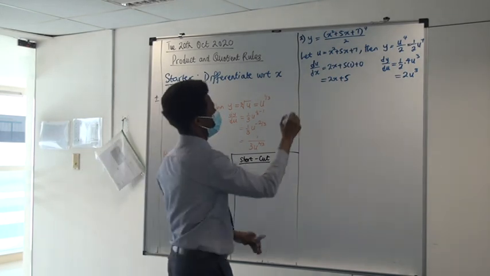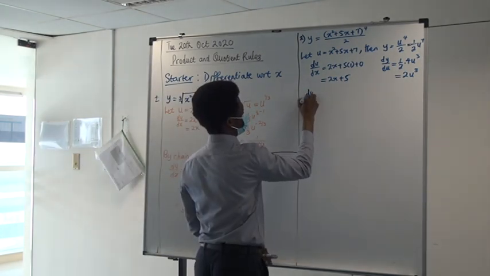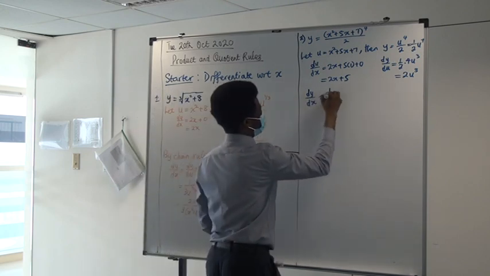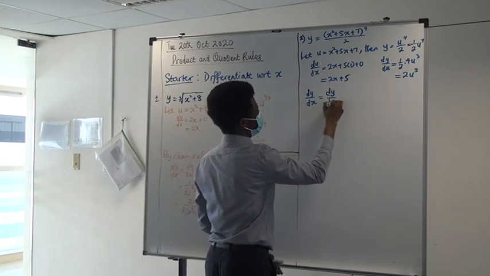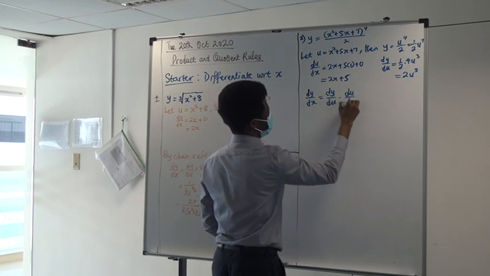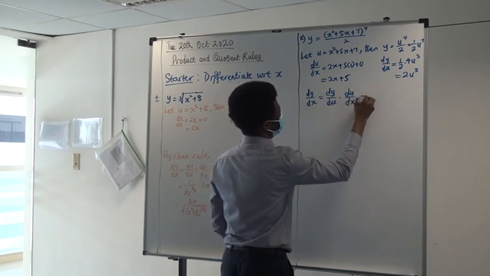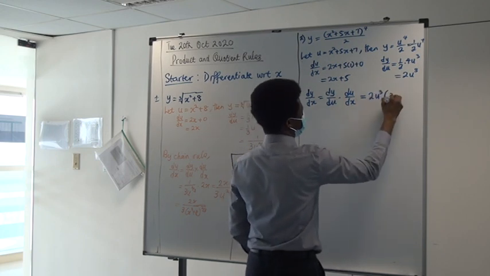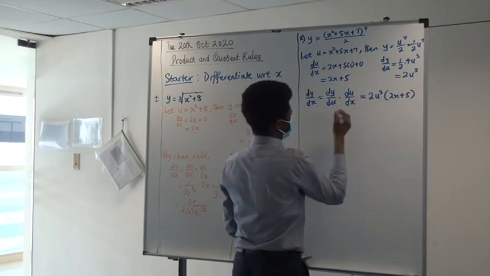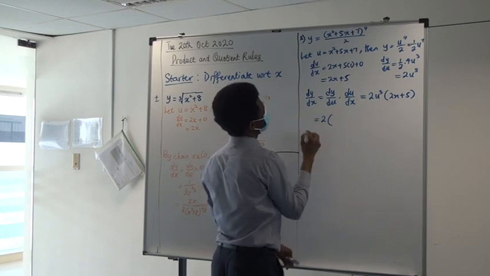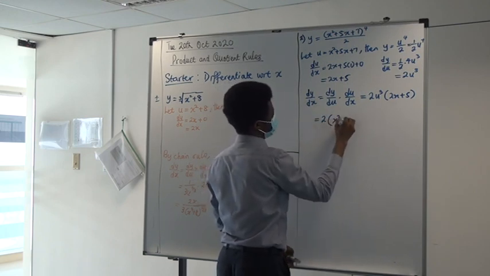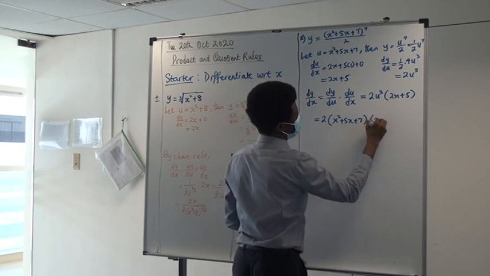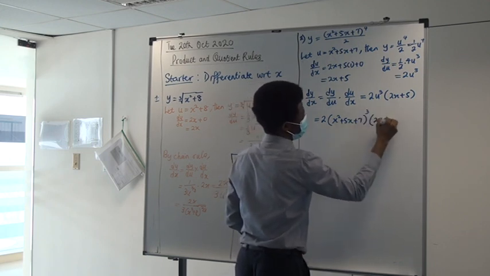So, dy/dx, always write the chain rule. Even if you don't write by chain rule, always write that expression: dy/du times du/dx. dy/du is 2u cubed. Because this is a binomial, it has to be in brackets. So the result will be 2(x squared plus 5x plus 7) cubed times (2x plus 5).